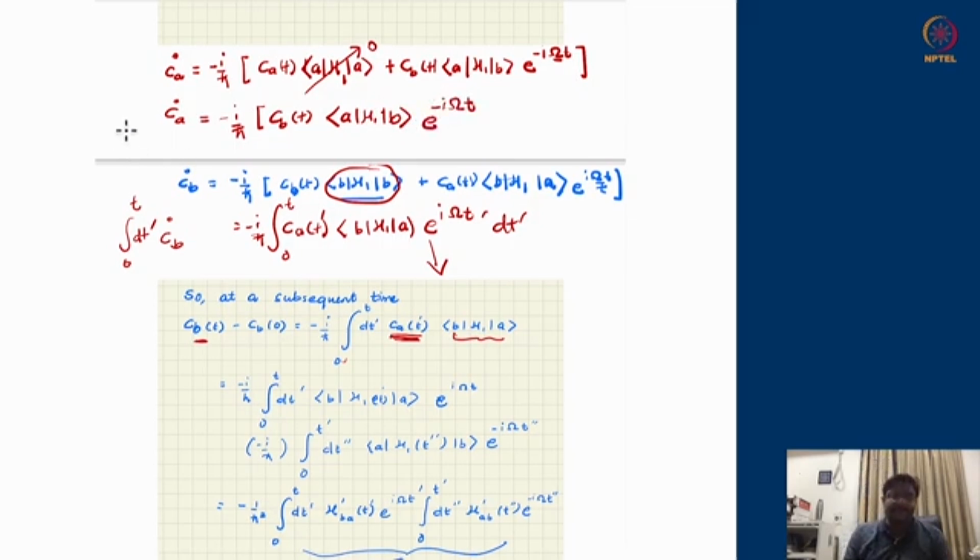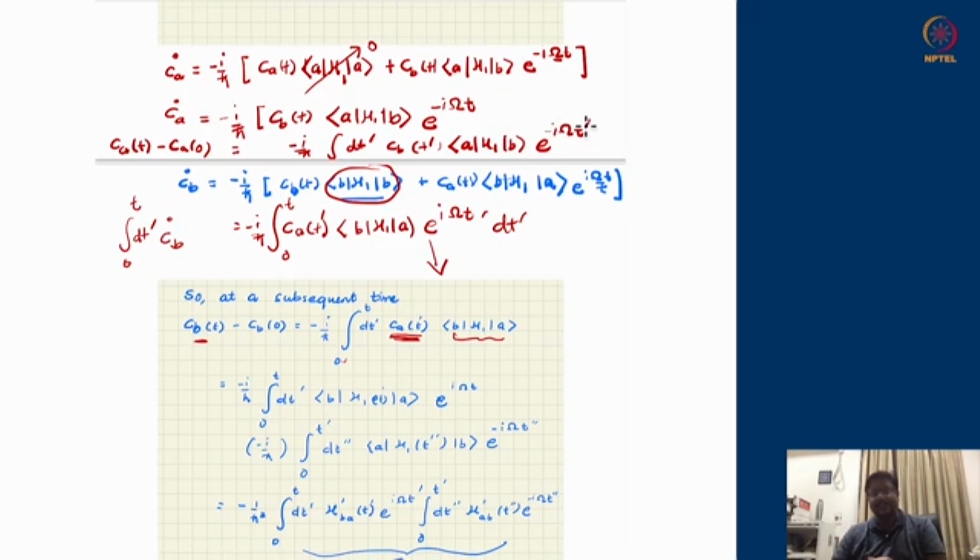That means if I integrate this equation, left hand side I will get CA at time t minus CA at time 0, and right hand side would be just integration of minus I upon h bar, the integration of CB of t primed, then the matrix element a h1b and e minus I omega t primed. This is what I will get.